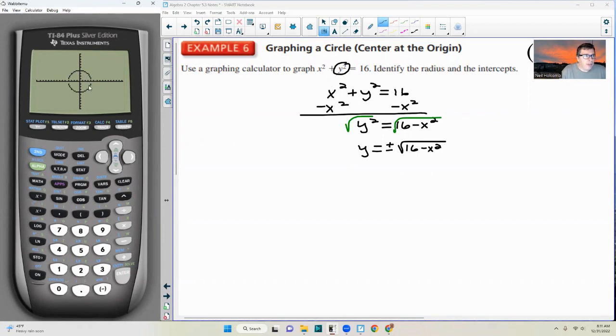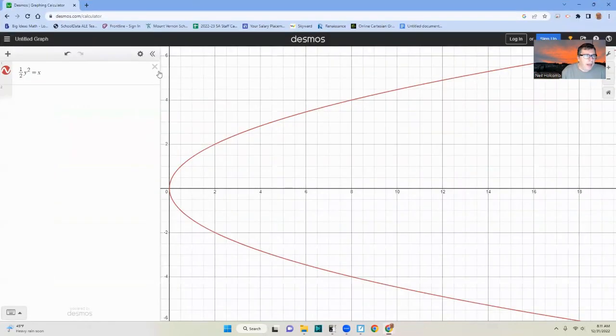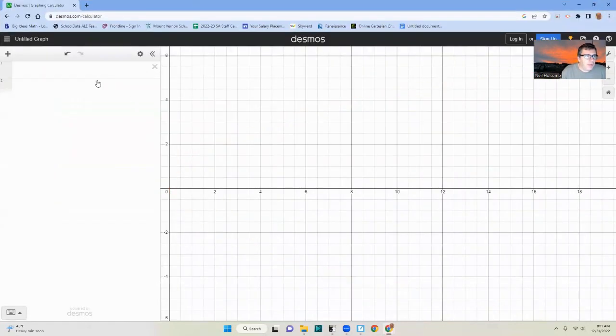There is our circle centered at the origin. It says identify the radius and the intercepts. Okay, so I'm going to do this in Desmos as well. Where's my Desmos? Right here. And I'm going to do it the most simple way, which was the original: x squared plus y squared equals 16.